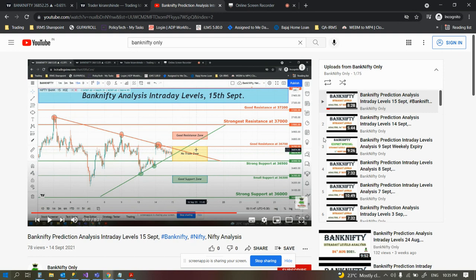In my video for the 15th I had clearly explained these two levels. If you want to buy a put, take the trade only if the market breaks 36,500, and go for the call side if it crosses 36,700. This was the complete no trading zone.